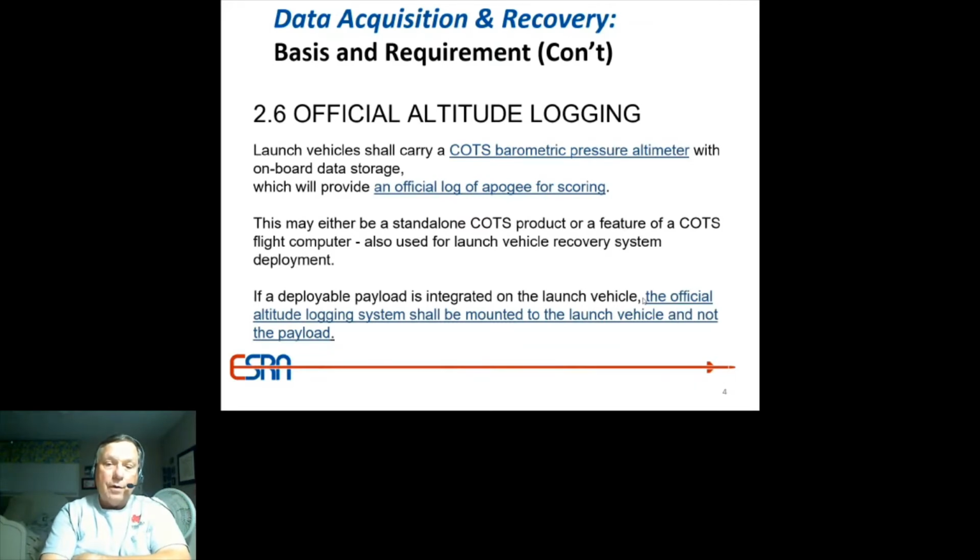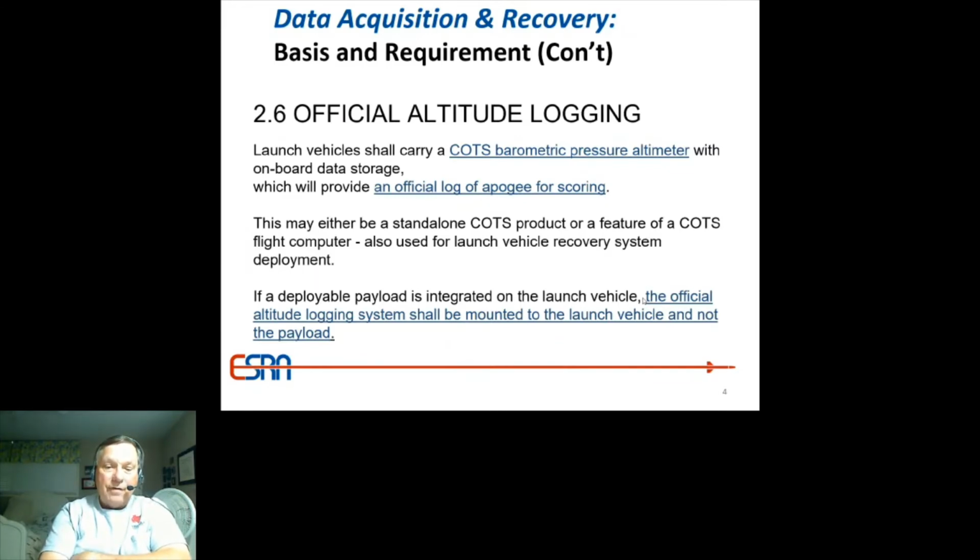The COTS altimeter may be a standalone product like a TeleMega, a TeleMetrum, or a Perfect Flight, or any of the other ones listed in the standards, and they can also be used for launch vehicle recovery system deployment.